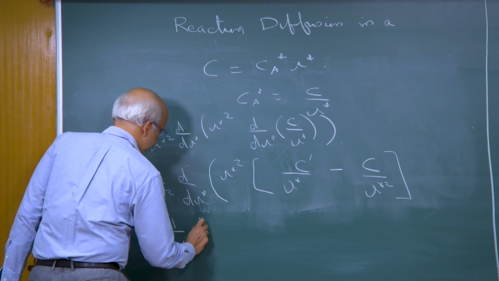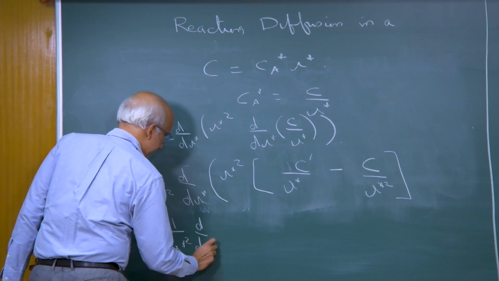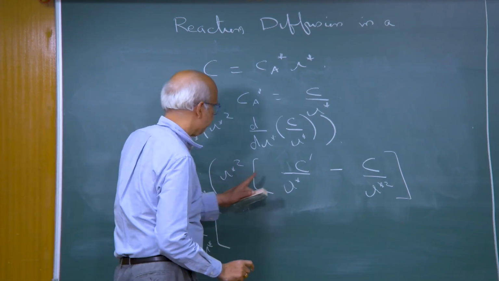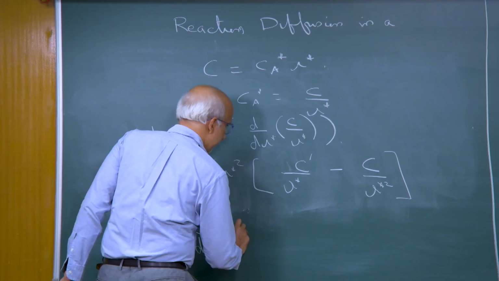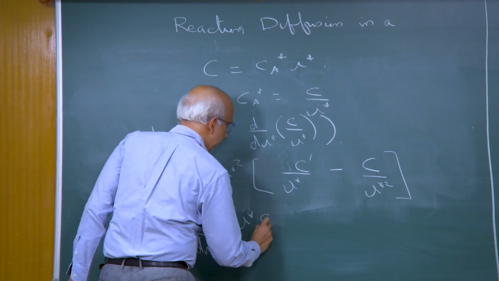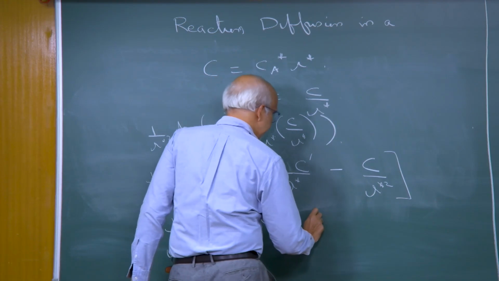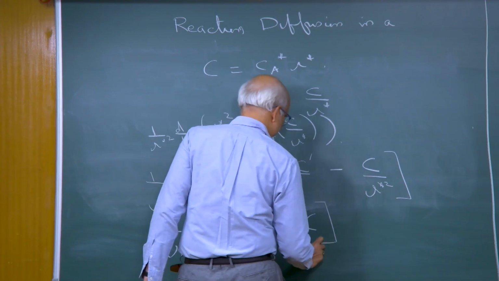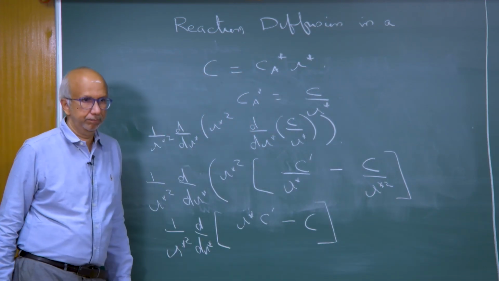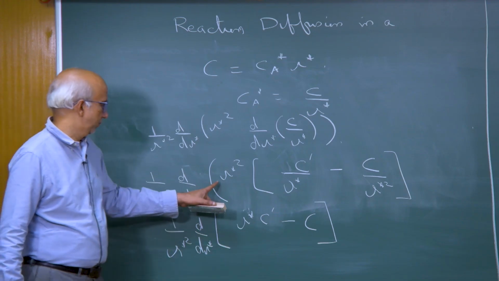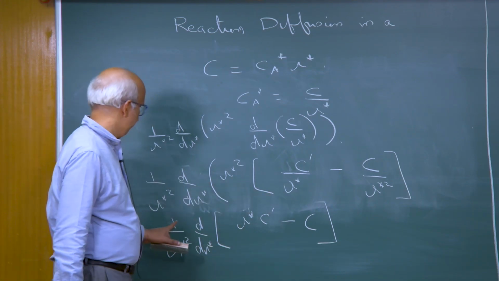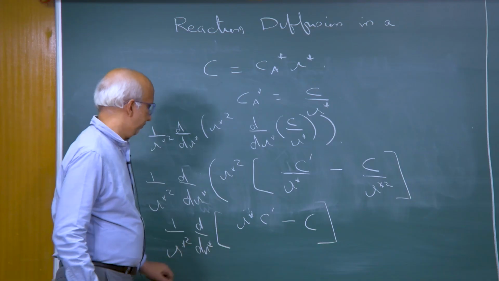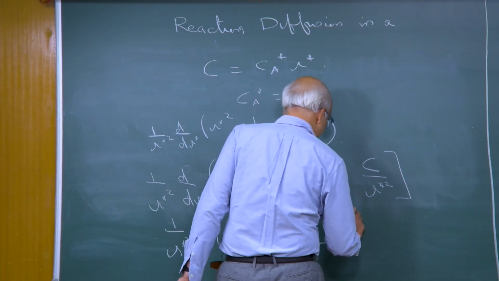Square d by dr star of R star C dash minus C. Okay. And now you expand this out again.